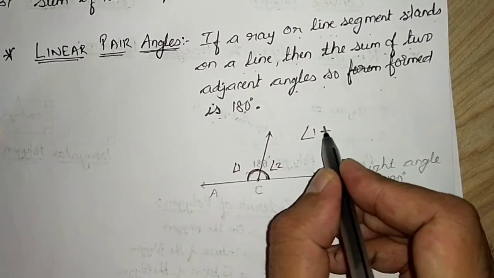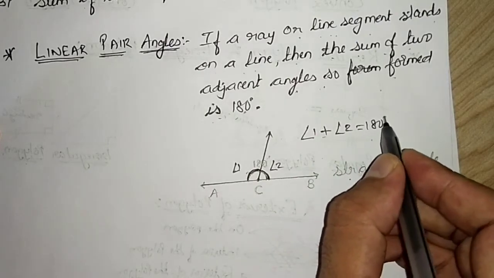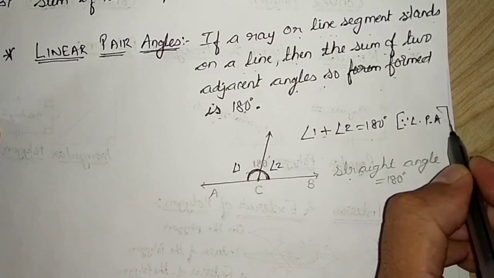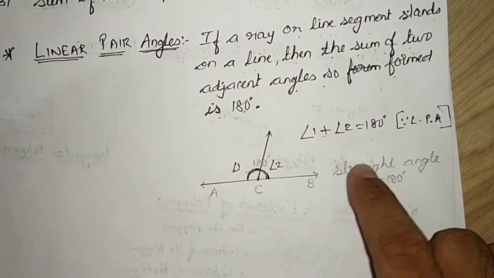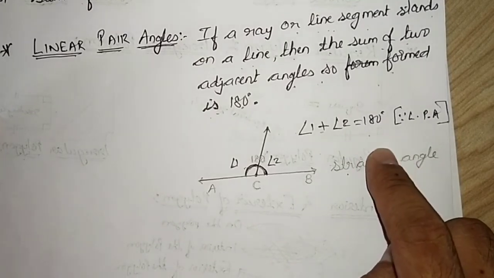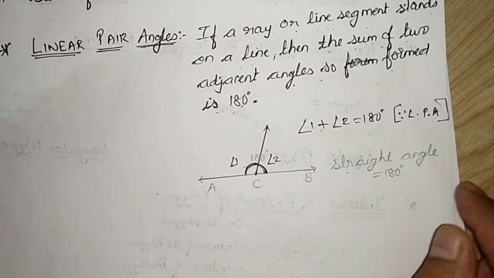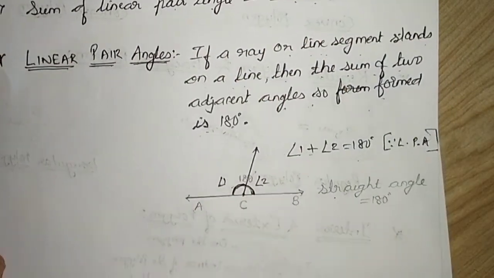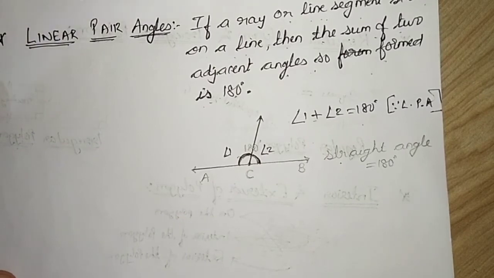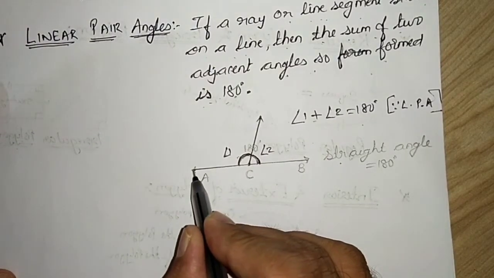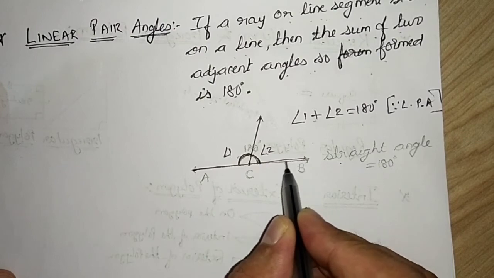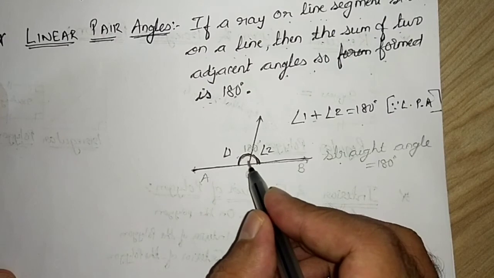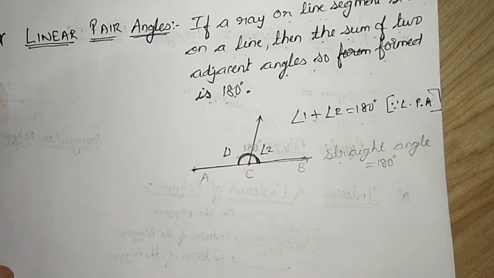So I can say angle 1 plus angle 2 is equal to 180 degree. Why? Because linear pair angle. This is very much useful for solving exercise 3.1, students. So pay attention properly over here. So sum of the linear pair angle is 1 plus 2 is equal to 180 degree. Hope you have understood. But the condition is you must be having one straight line and one line standing on it, so that we get two adjacent angles whose sum is 180 degree.